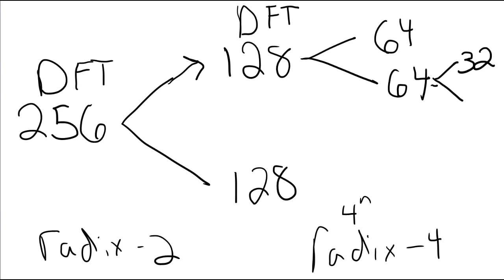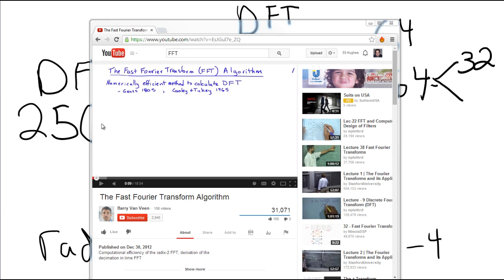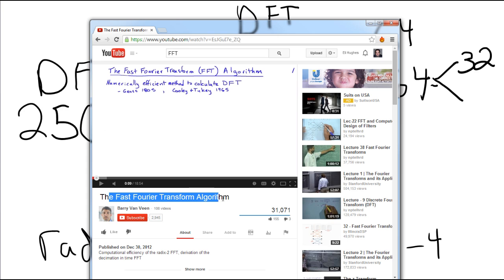There's a lot more. Now, let me bring in some cool videos, some other references. The video I want to show is on YouTube. It's called The Fast Fourier Transform Algorithm by Barry Van Veen.